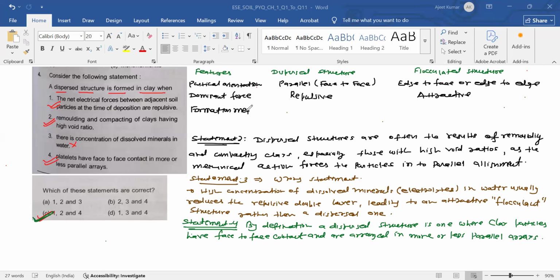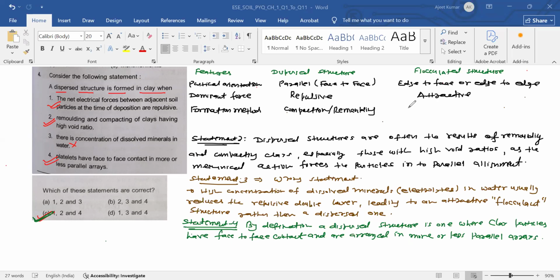Dispersed structure is formed by compaction or remolding, and flocculent by deposition in salt water.